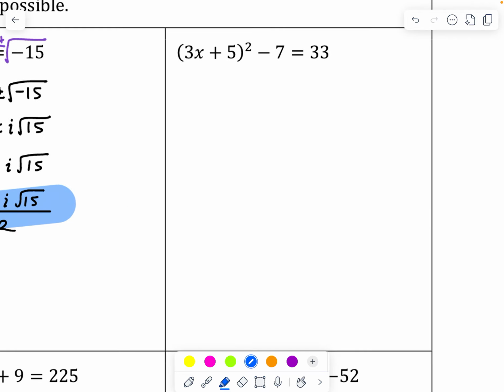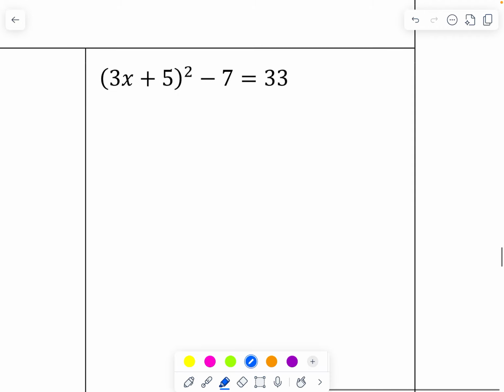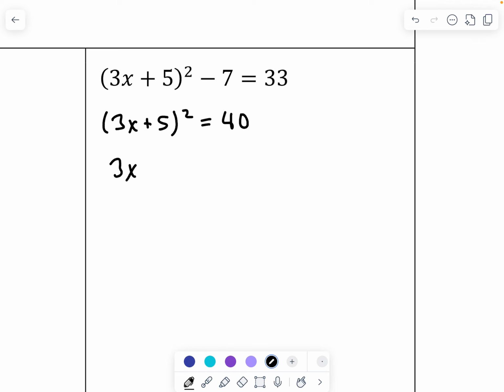First thing here is to add 7 to both sides. So we have 3x plus 5 squared equals 40. Then we're going to square root. 3x plus 5 equals plus or minus root 40. Root 40 is not a perfect square number, but it can be simplified. Pull apart the 40 into, what is that going to be, a 4 and a 10?